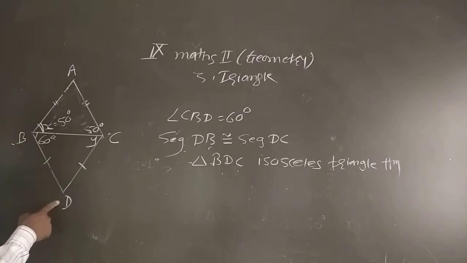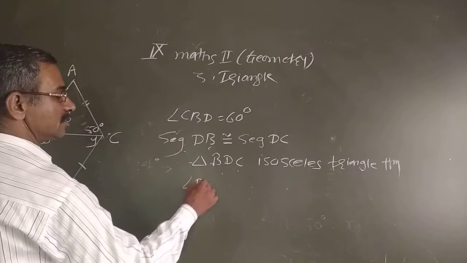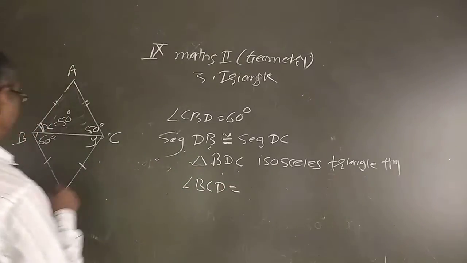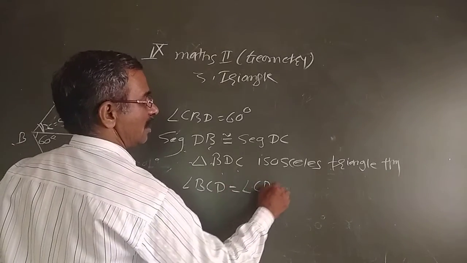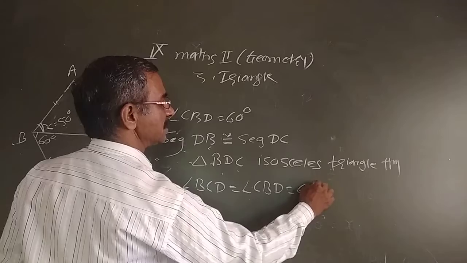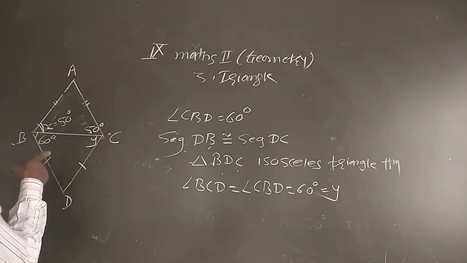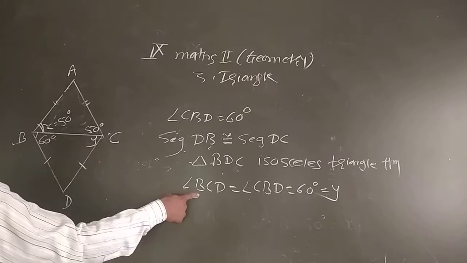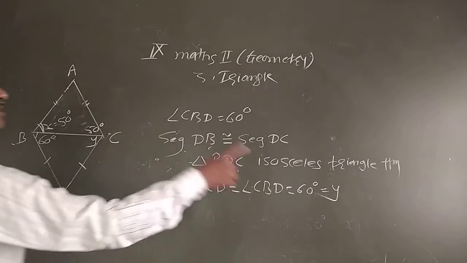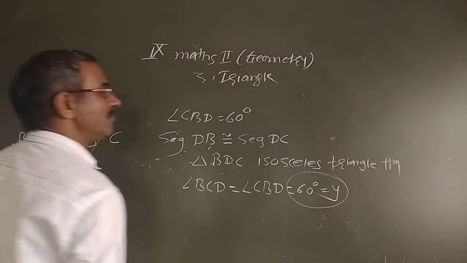So the measurement of angle BCD is equal to the measurement of angle CBD, and the value of CBD is 60 degrees. So the value of y, which is angle BCD, is 60 degrees.